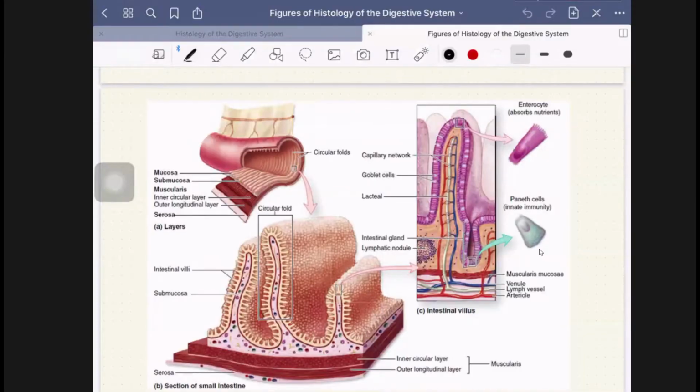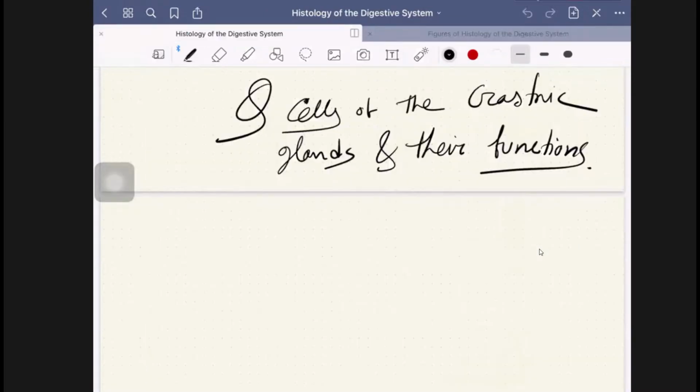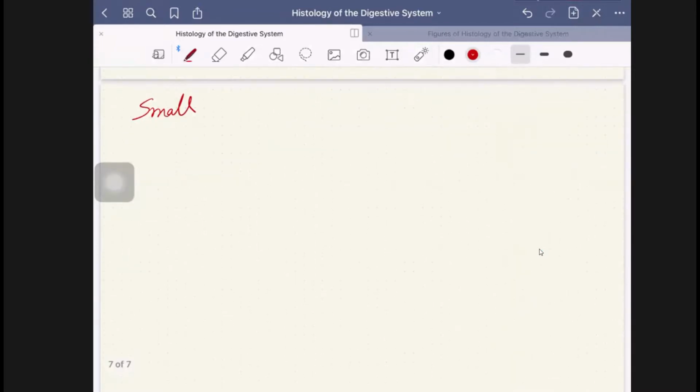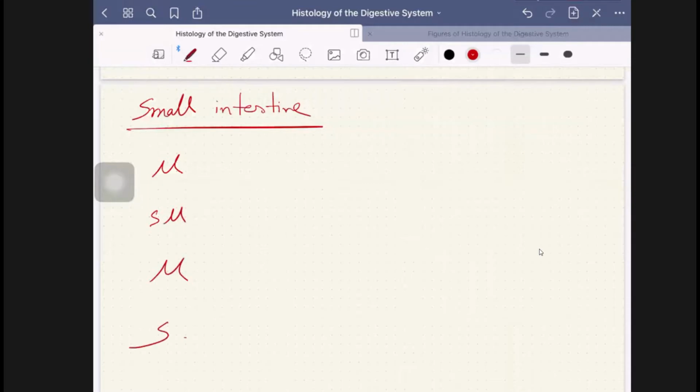Okay. So in small intestine, we know that everywhere in small intestine, if we start with mucous membrane, submucous layer, muscle layer, and serous layer.